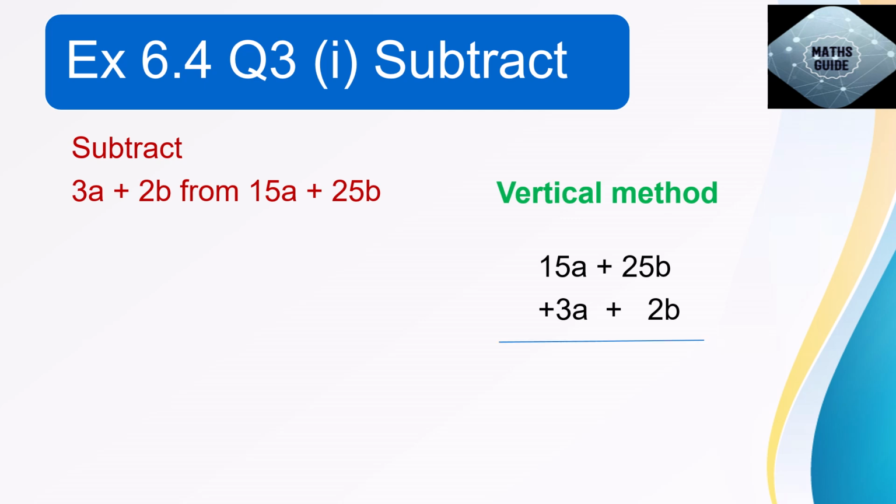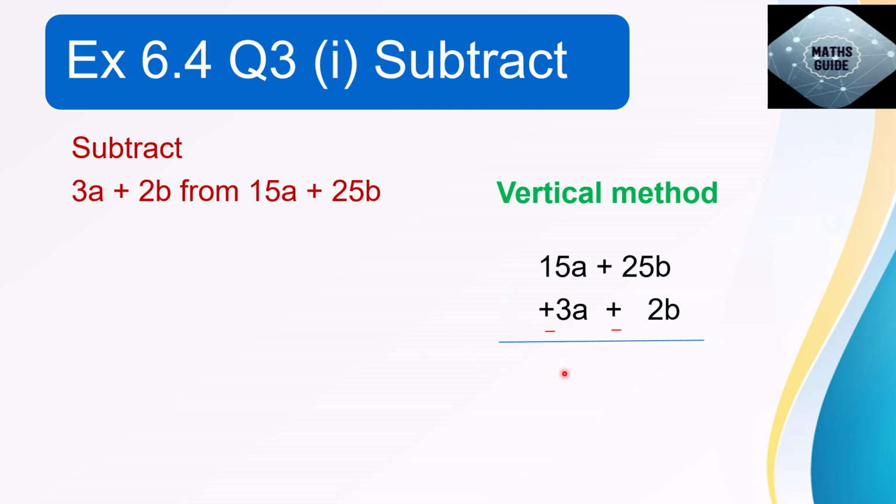We will subtract the second expression from the first expression, but first we have to change the signs. These both signs with the second expression, this plus sign and this plus sign, will be replaced with the negative sign to subtract them. Now we have to subtract them.